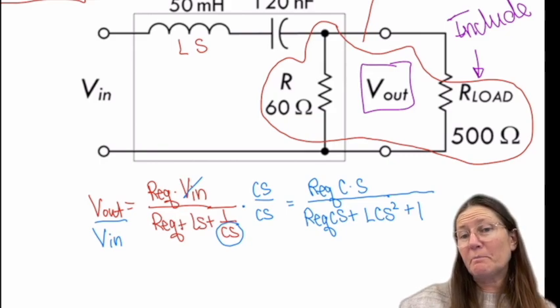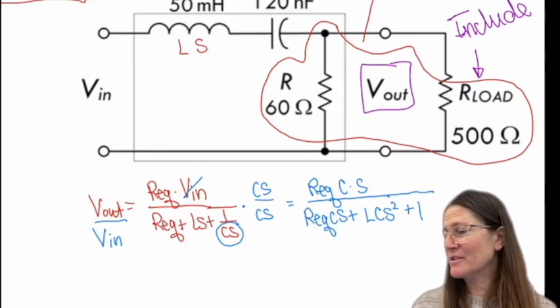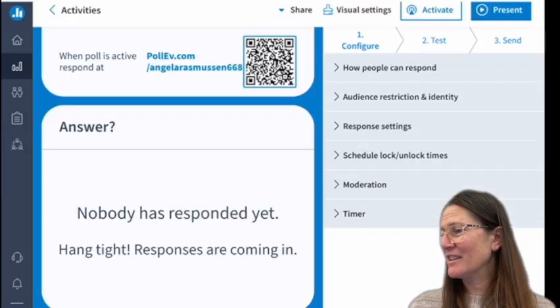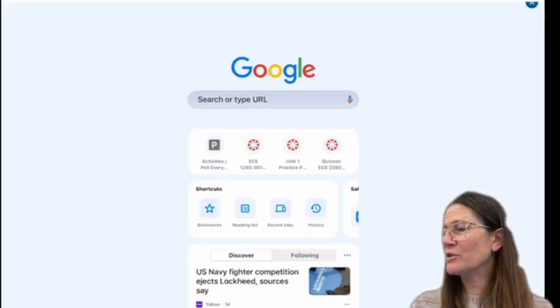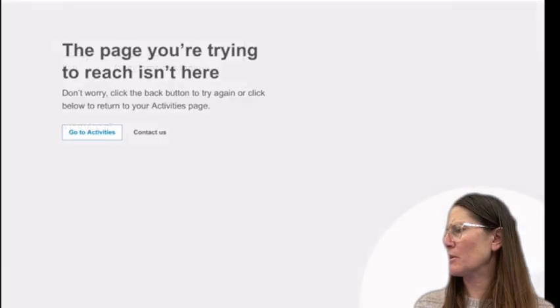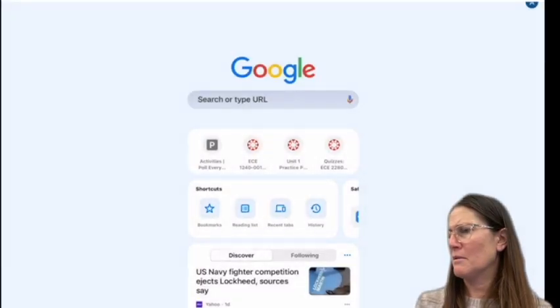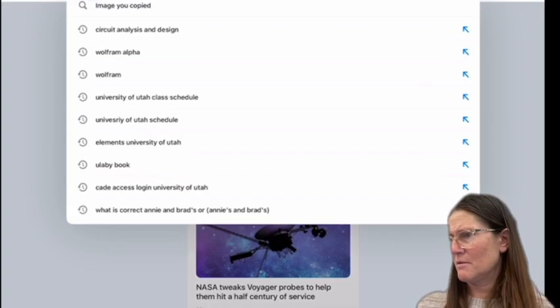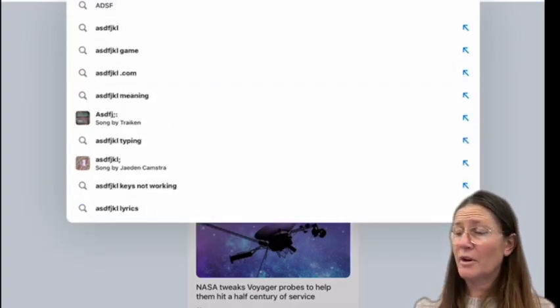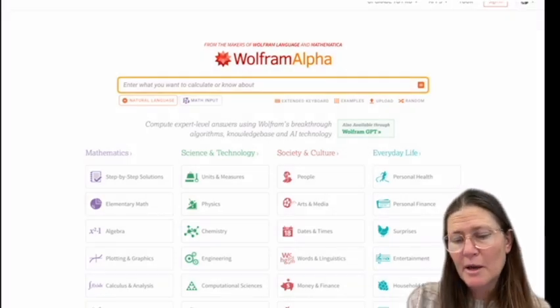I personally don't want to do this by hand, so I would go to something else. You can use MATLAB. You could use Wolfram Alpha.